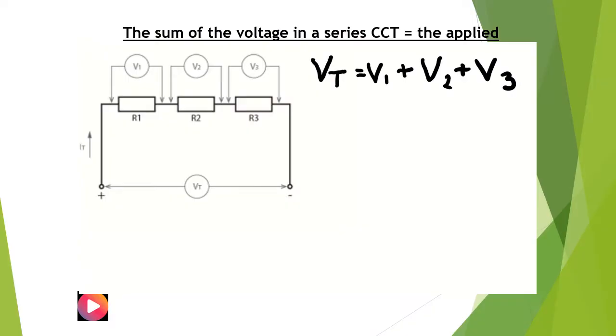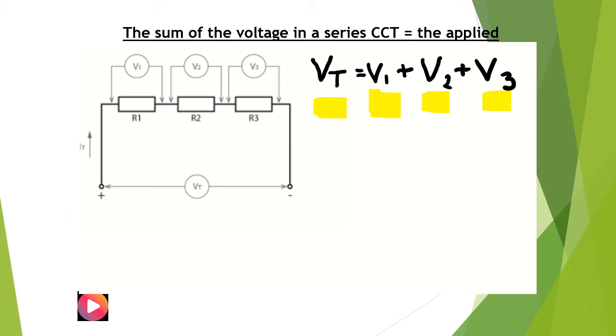As can be seen from the drawing above, let's try and explain what we mean by the sum of the voltages, being V1, V2 and V3, are equal to the applied voltage.